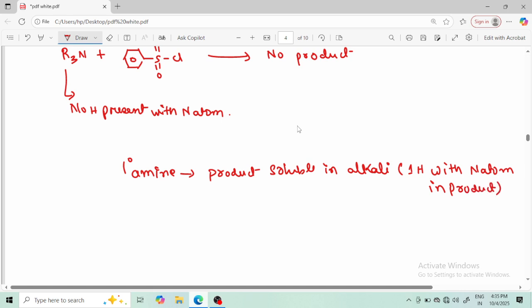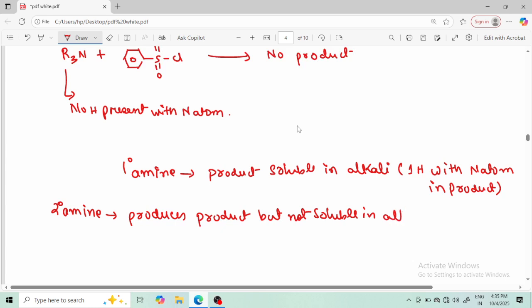So if it is 2 degree amine, then it produces product but not soluble in alkali.